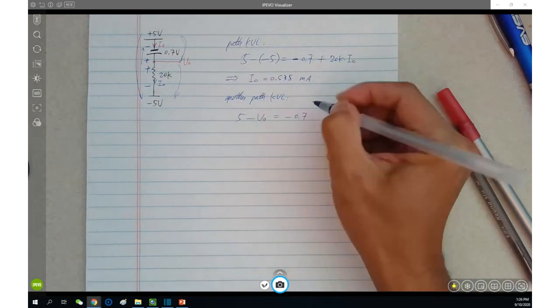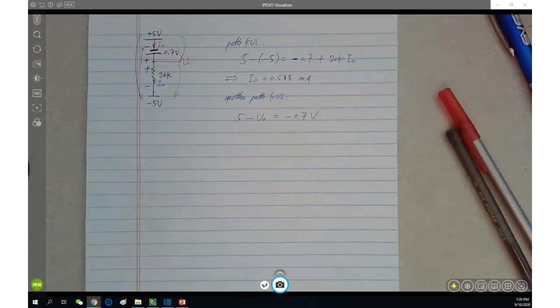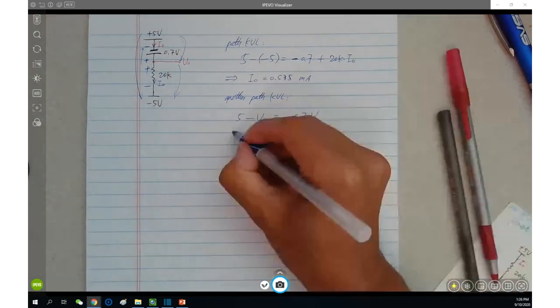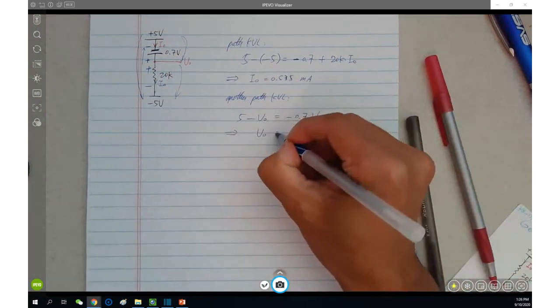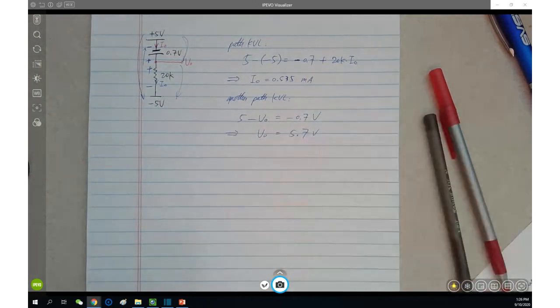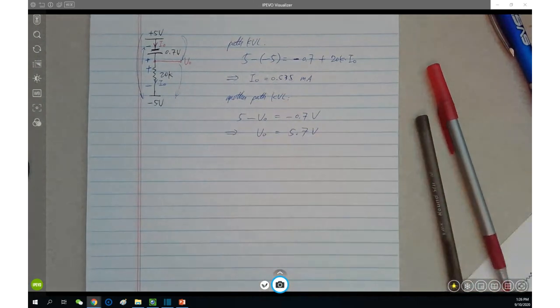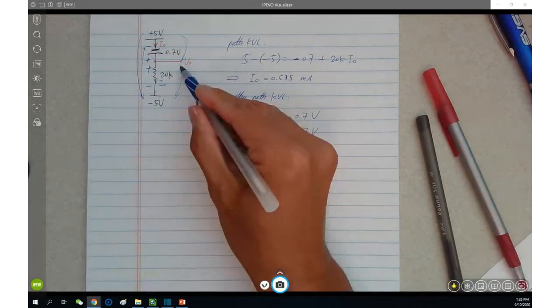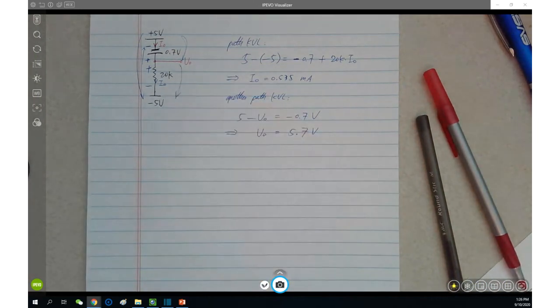Negative 0.7 volt, which is going to give you V naught as 5.7 volt. Does it make sense? You choose the other path, of course, same result, guaranteed. Okay. Think about it. Any questions?